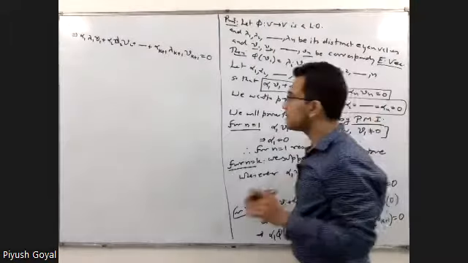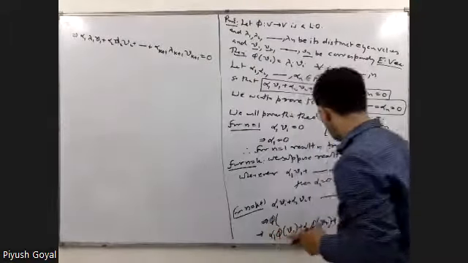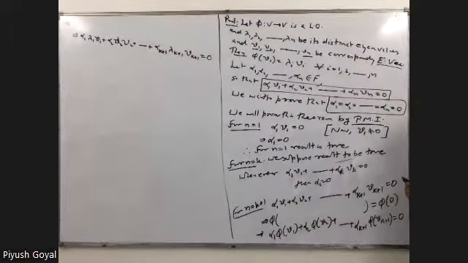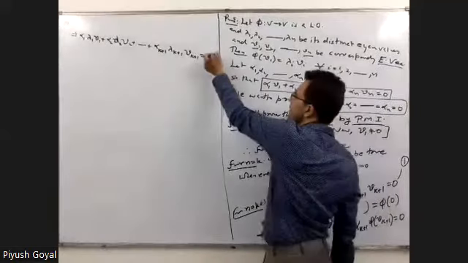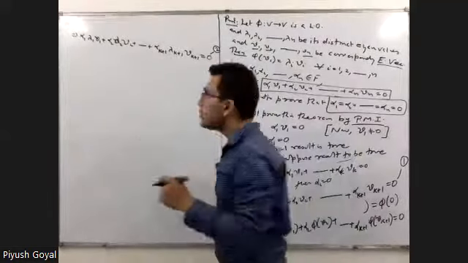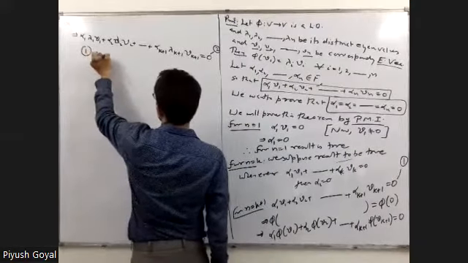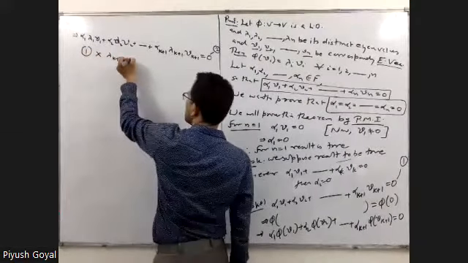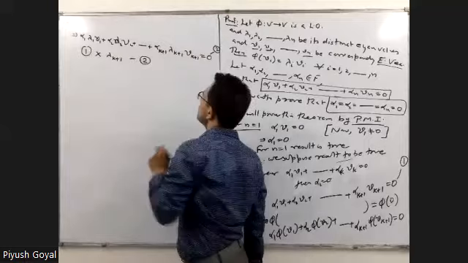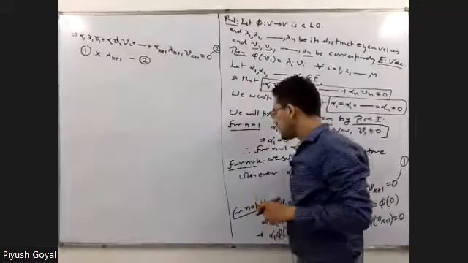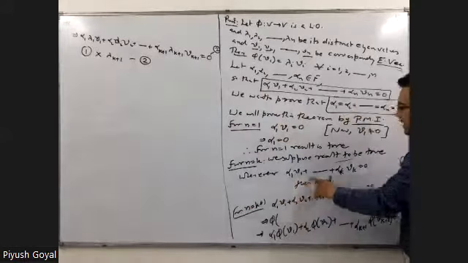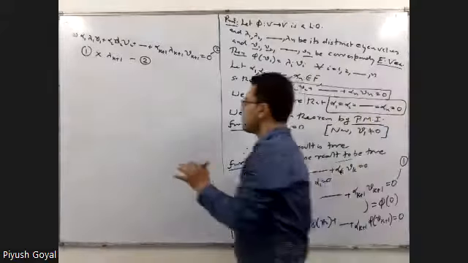Clear to everyone? Now for example, I consider this first equation as 1 and this second one as 2. What I am doing is I take 1, multiply it by lambda k plus 1 and subtract 2 from this. Simply multiply 1 by lambda k plus 1.